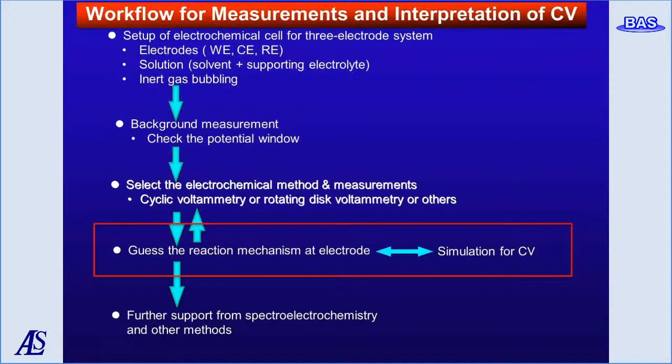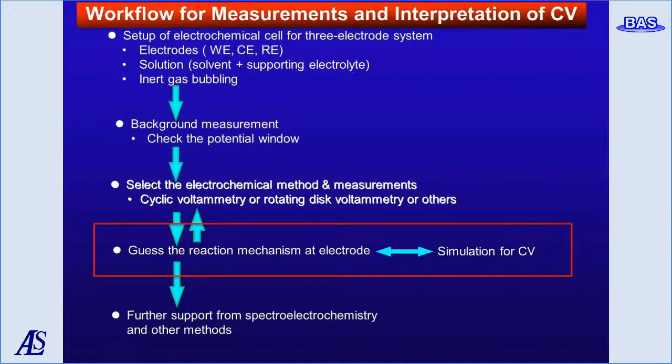Then the background current is measured to check the available potential window in the present solution. After dissolving the analyte sample, electrochemical methods, such as cyclic voltammetry or others, are performed to get electrochemical data.